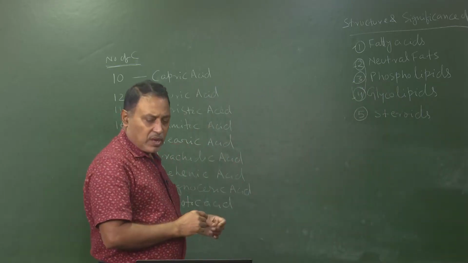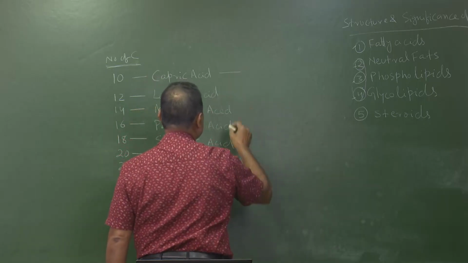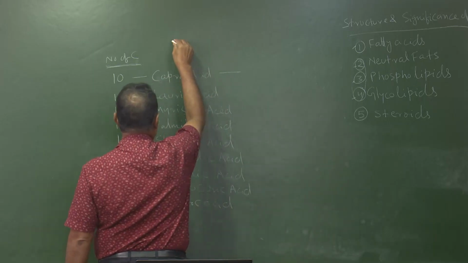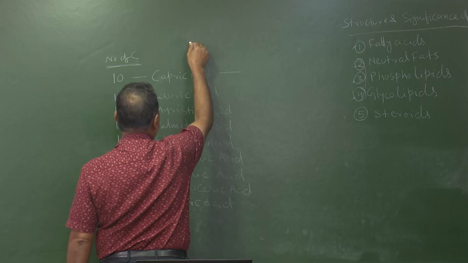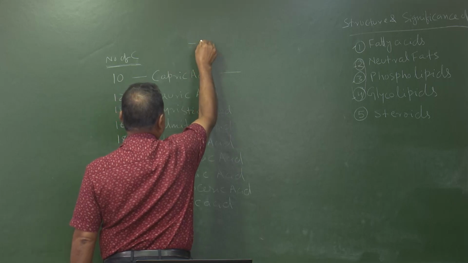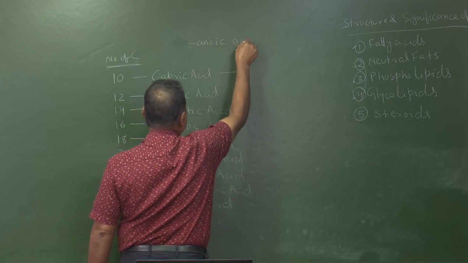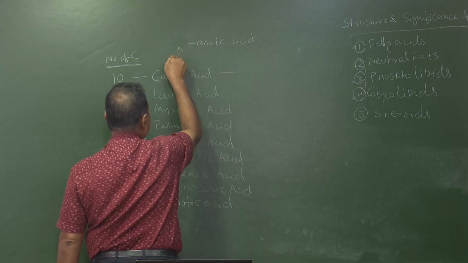Now if we go for their systematic name, then you know that we use a suffix, anoic acid, and before it will be the number of carbon atoms.